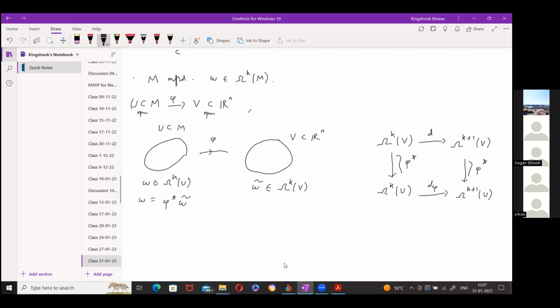Okay, so this satisfies that, if I look at this diagram, d sub phi of omega is going to be phi star of d omega tilde, right?